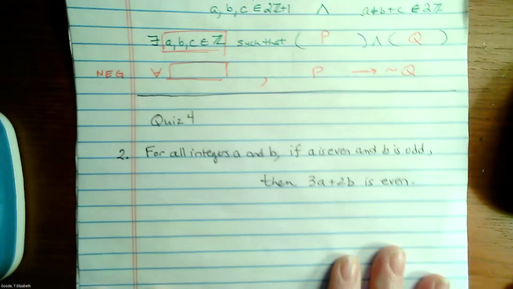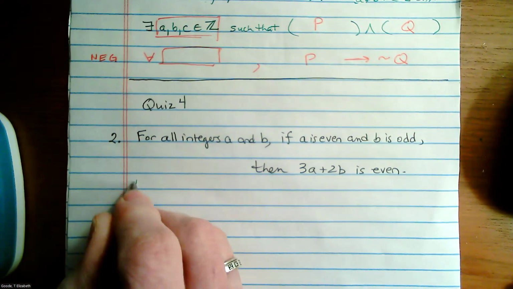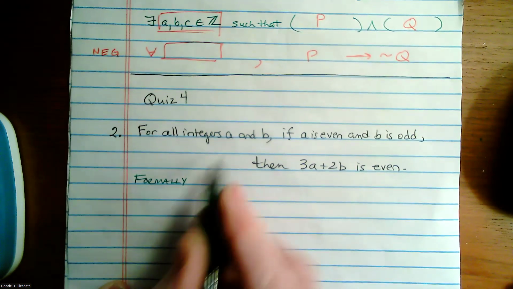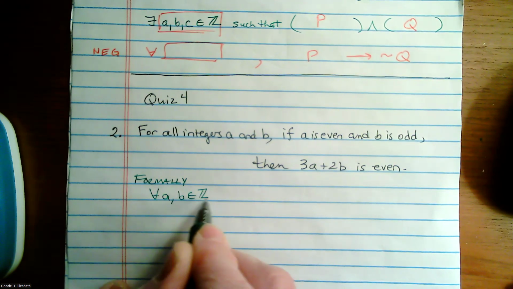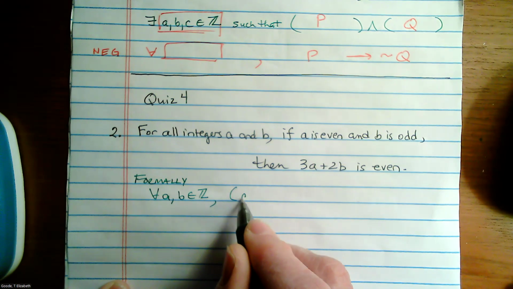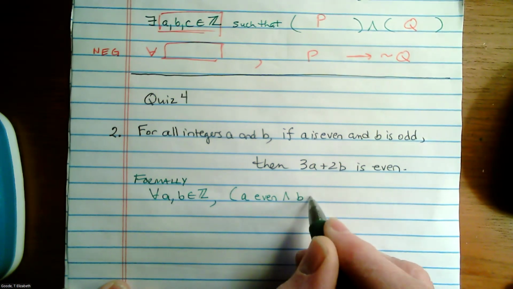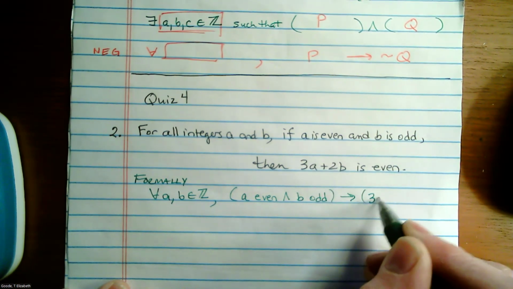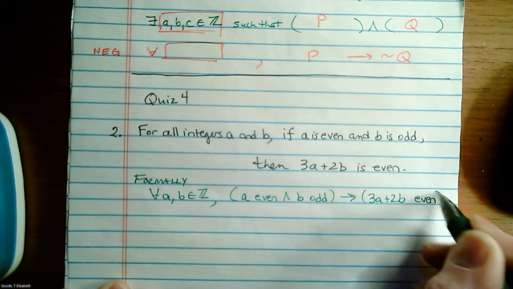So it is an if-then statement, and we could write it formally, just to make it a little easier. For all A and B in Z, A even and B odd together imply that 3A plus 2B is even.